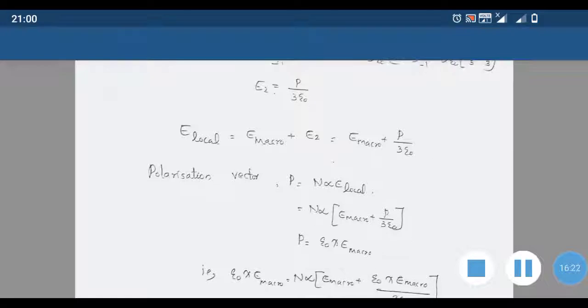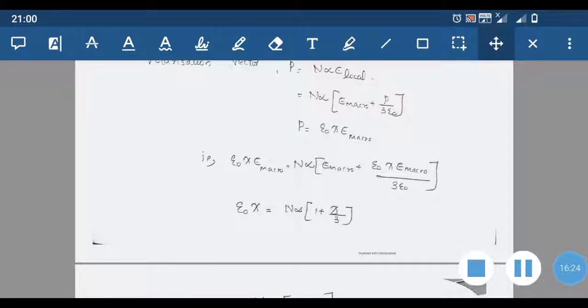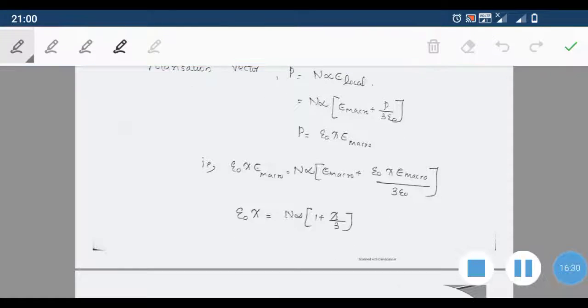Now from these two expressions we can substitute. So these are the two expressions for P. One is P is equal to N alpha into E macro plus P by 3 epsilon 0, and the other one is P is equal to epsilon 0 chi into E macro. So by equating these two expressions, on the left hand side we have epsilon 0 chi into E macro, that is equal to N alpha into E macro plus again P divided by 3 epsilon 0.